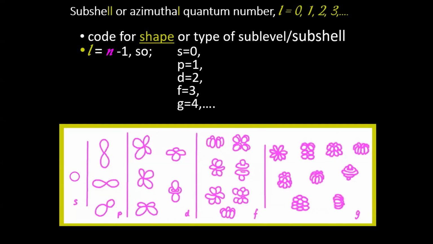This level narrows it down from the whole shell and tells which one of the sublevels or subshells it is. If L is equal to 0, then it is an S subshell. If L is 1, then it's one of the P orbitals. If it's 2, it has to be a D orbital or subshell. If it's 3, it has to be an F sublevel.